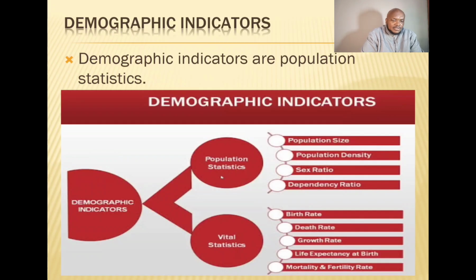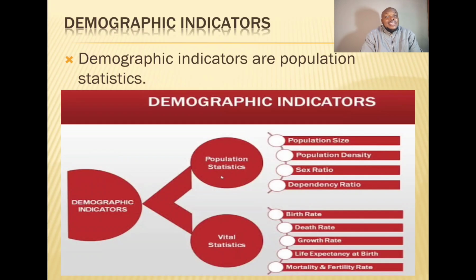And then you also have your vital statistics, which include things like your birth rate, your death rate, your growth rate, and life expectancy at birth, and mortality and fertility rate. So these demographic indicators show how the country is doing in terms of development.